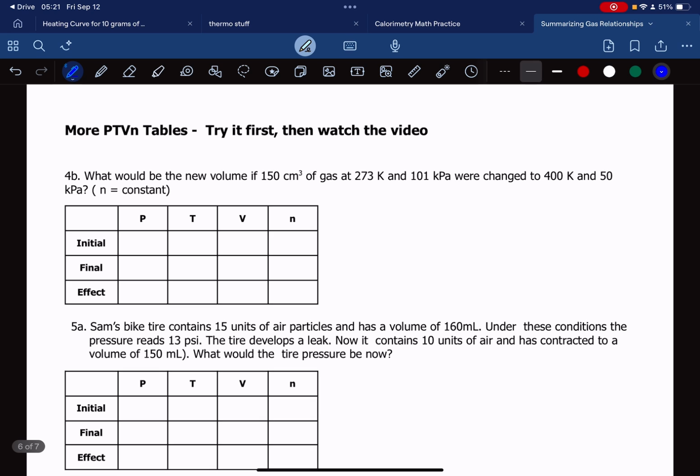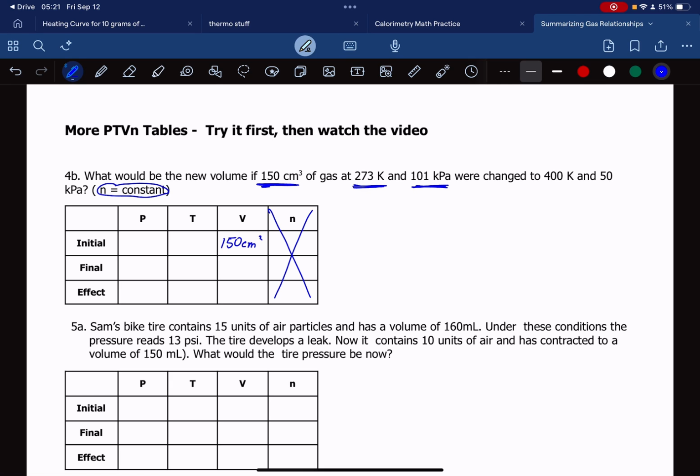Yeah, those were crazy. But jumping in here to 4B, we can see that we have volume, temperature, and pressure all present in my problem. The only thing that's being held constant is n, so I can cross out the n column, but I need to use the other three. And I can see that it's really straightforward about what my initial and what my final is.